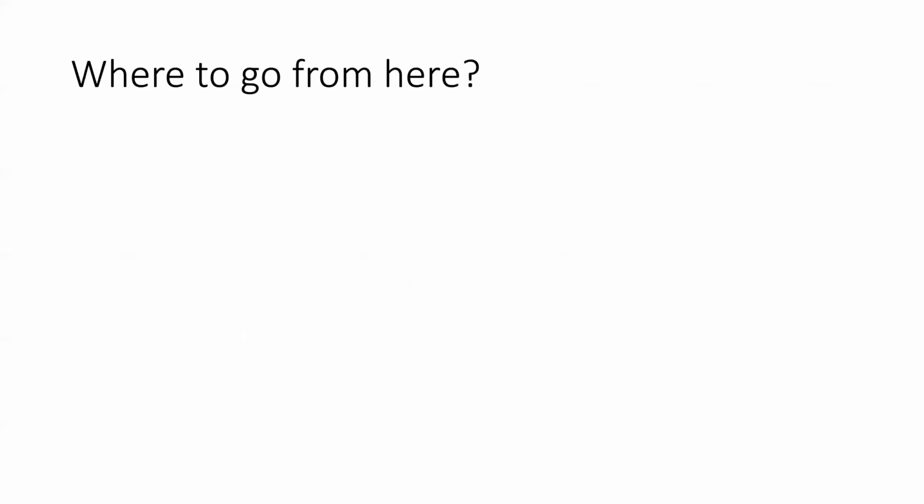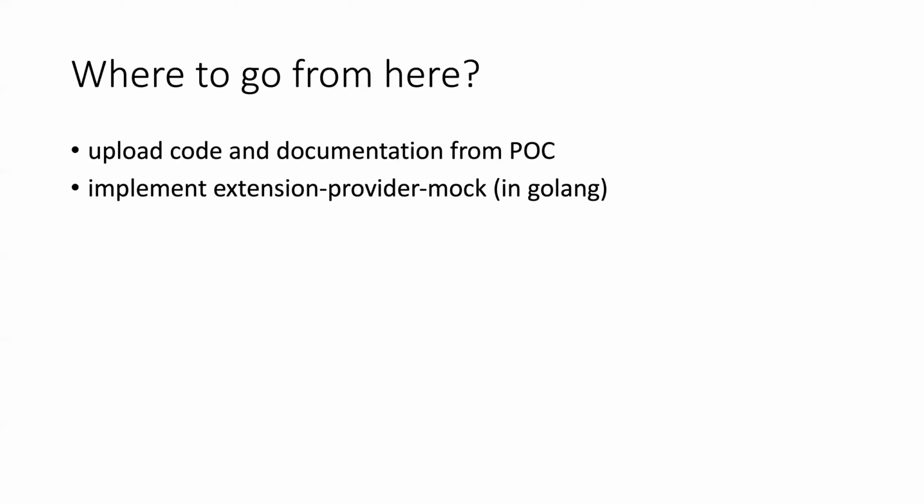So where do we want to go from here? The next step would be to upload my code. I will publish it on a repo and do some documentation for it. So if you're interested, you can look into that. And then the next step would basically be to implement this properly, in Golang with the whole extension libraries, just like the other provider extensions.